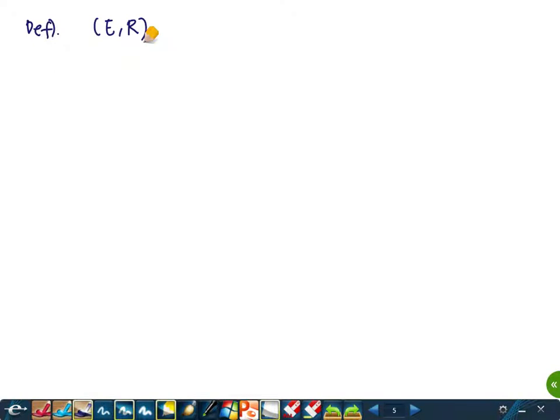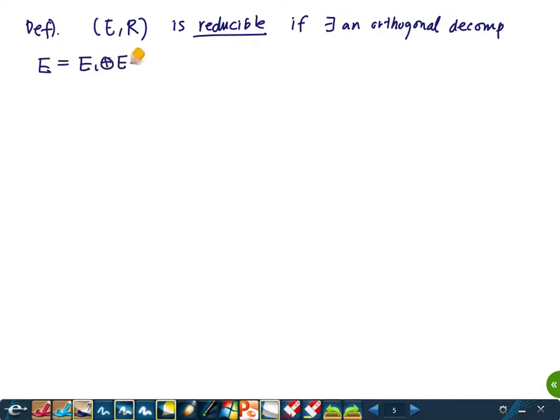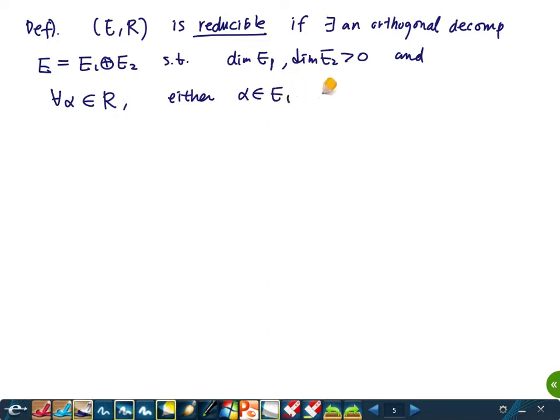Definition: a root system E, R is reducible if there exists an orthogonal decomposition E equals E1 direct sum E2, such that, of course, it must be non-trivial, so the dimensions of E1 and E2 are non-trivial, and for every root alpha in R, either alpha is in E1 or alpha is in E2.